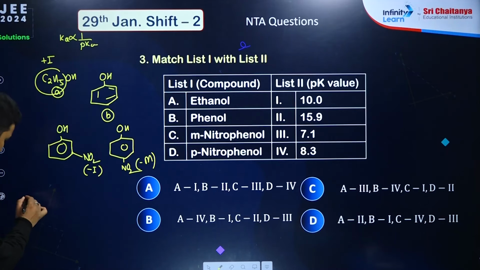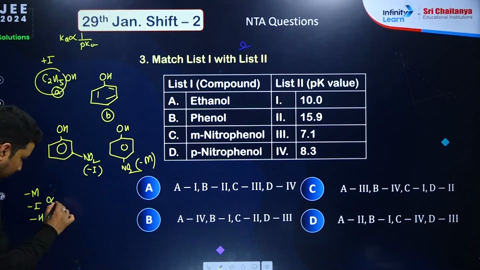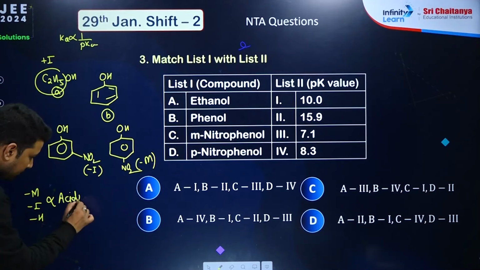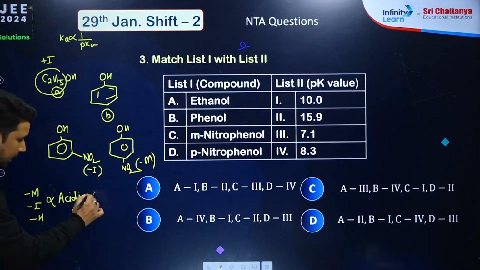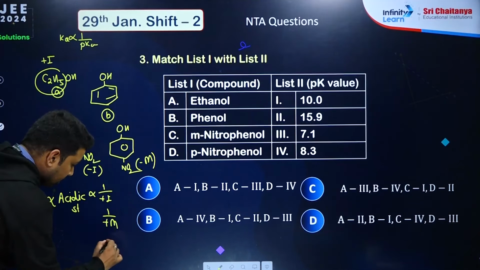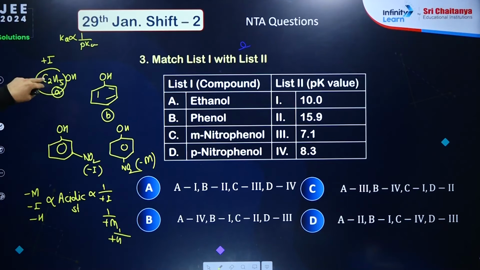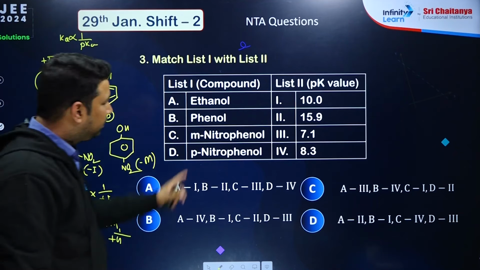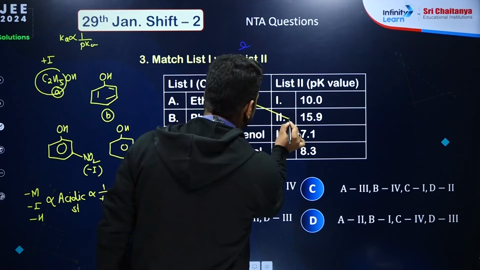So we know that minus M, minus I, minus H are proportional to acidic strength and inversely proportional to plus I, plus M and plus H. It has plus I, so it is the least acidic. So it has the maximum pKa value, so ethanol has to be connected to second.